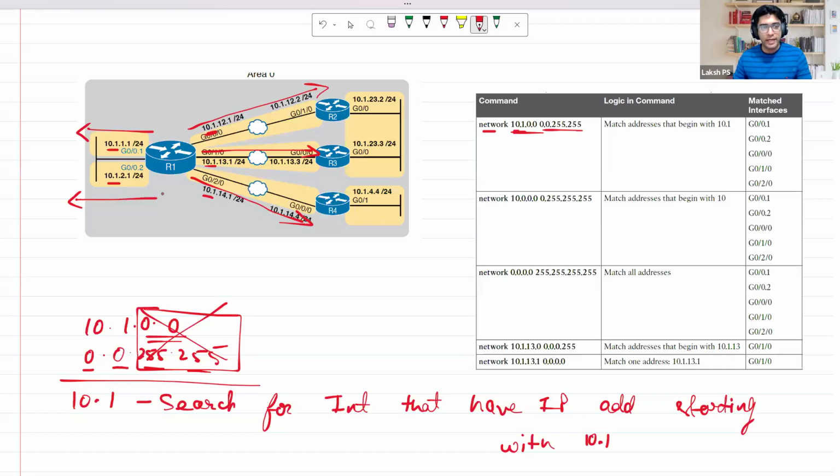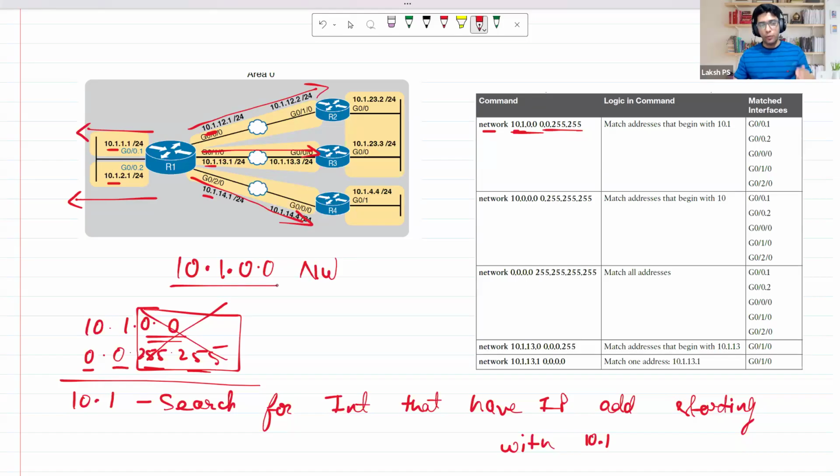So out of these 5 interfaces, it sends OSPF messages, and in those messages it is talking about the 10.1.0.0 network.